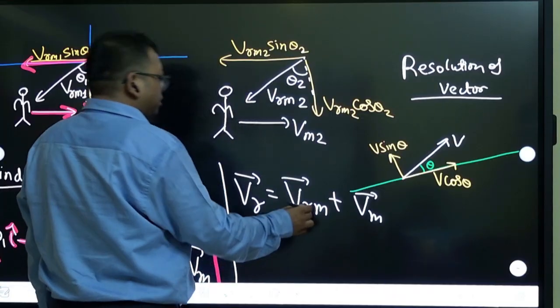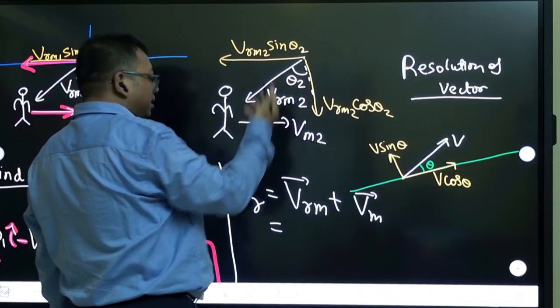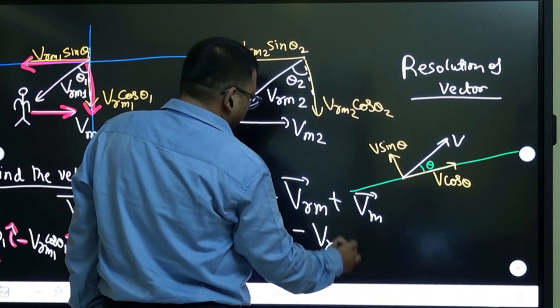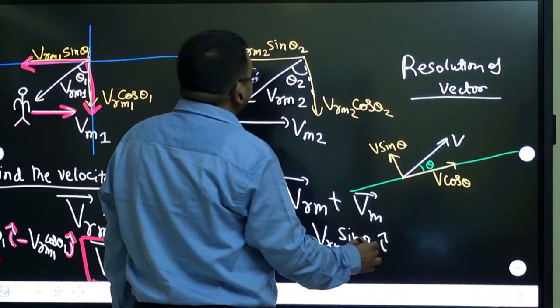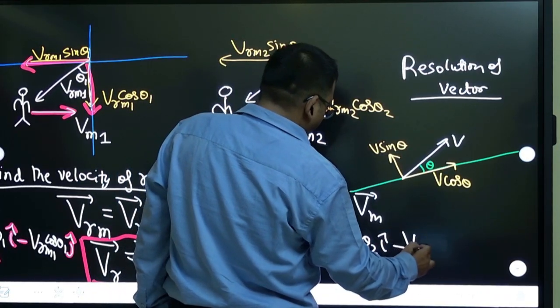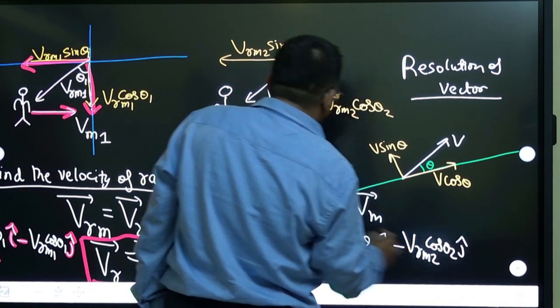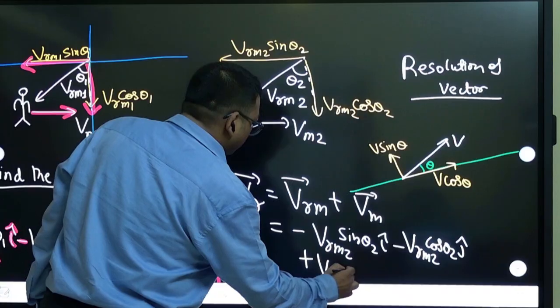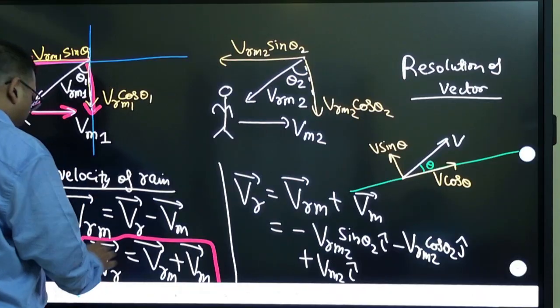Here this component is again negative, this is also negative, both negative in the same way. So I will write minus Vrm2 sine theta 2 I cap, similarly minus Vrm2 cos theta 2 j cap. Again the man is in the positive direction, so plus Vm2 I cap.